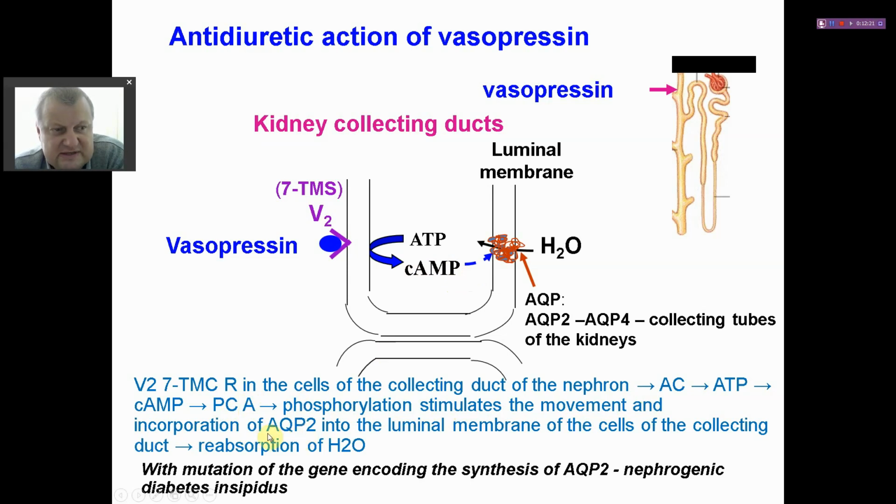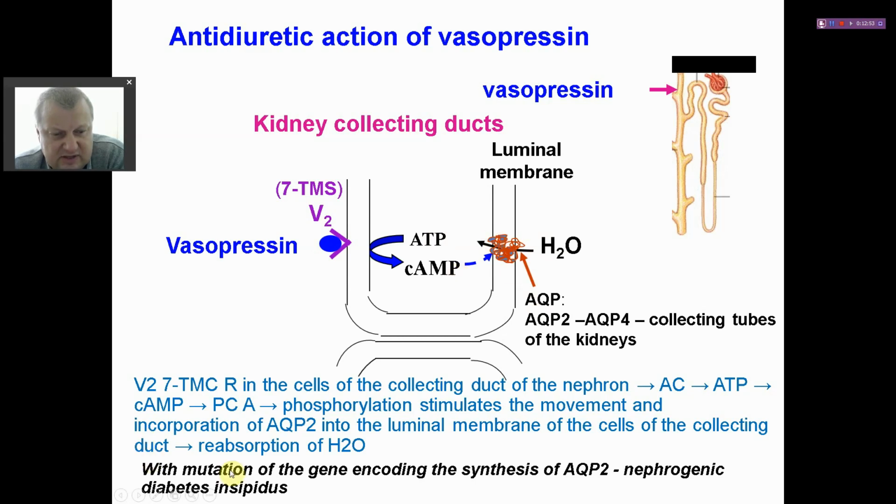The name of these special transporters is the aquaporins. AQP means aquaporin. These transporters are incorporated into the luminal membrane of the cells of the collecting ducts and stimulate the reabsorption of the water.